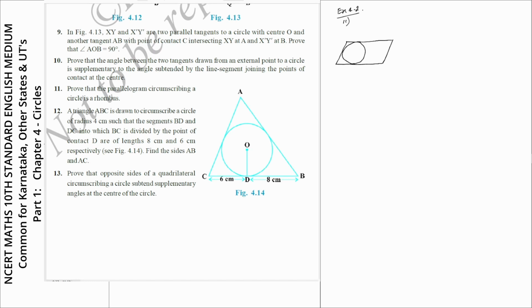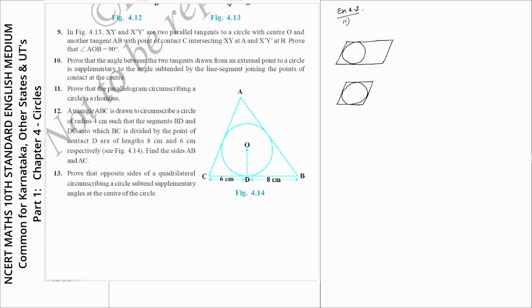But in the given question, the parallelogram is touching all the sides of the circle like this. The parallelogram is circumscribing this circle, meaning it is touching all the sides of the circle.